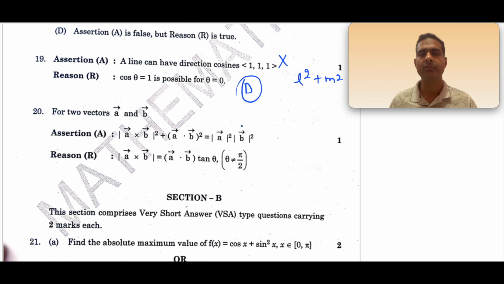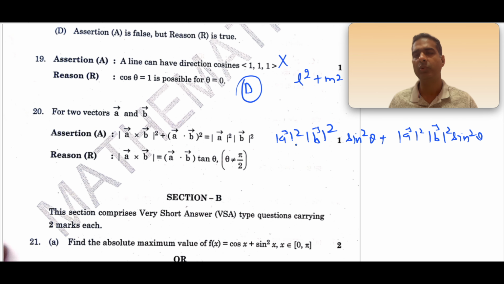So if we want to check the veracity of this assertion, this is the cross product, so this will be equal to mod of A square, mod of B square and sine square theta, plus A dot B square will be mod of A square, mod of B square, sorry, here it will be cos square theta because it is dot product.